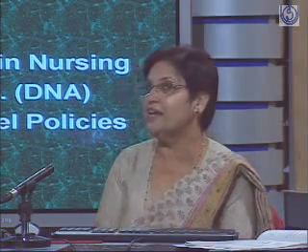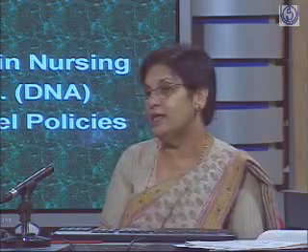Let's take an example. Every student nurse was supposed to conduct domiciliary deliveries. Over a period of time the numbers changed. Earlier it was 10, then 5, then 2, and now I think it is 0. This is because the health policy of the country is to reduce the infant and maternal mortality rate, so we should encourage institutionalized deliveries.